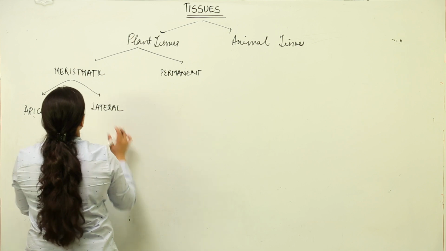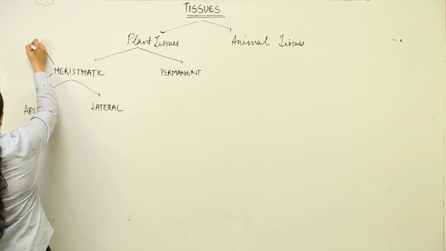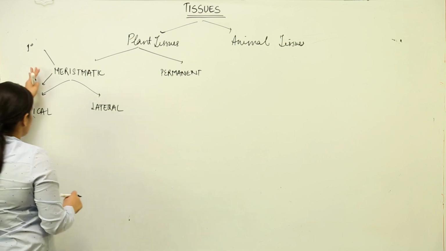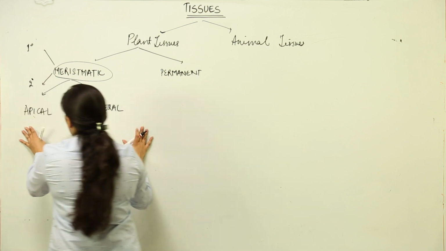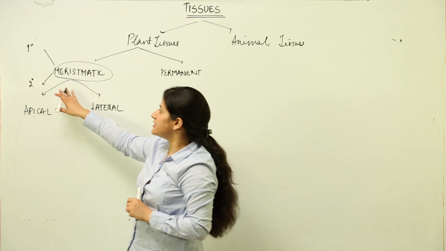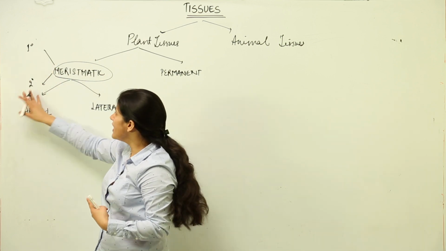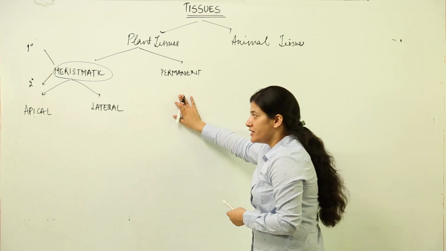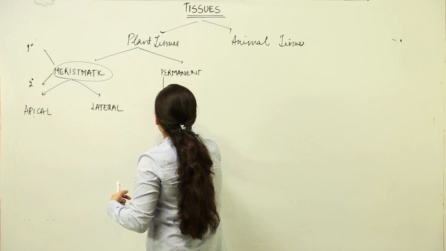Otherwise, there is another classification, that is whether it is primary meristem or secondary meristem. Just learn it. Meristematic tissue would be classified into two types on the basis of location, that would be apical or lateral. Otherwise, in terms of their development, when they have developed, that would be primary and secondary. Coming to the permanent tissue which has developed from this meristematic only, we have two types.